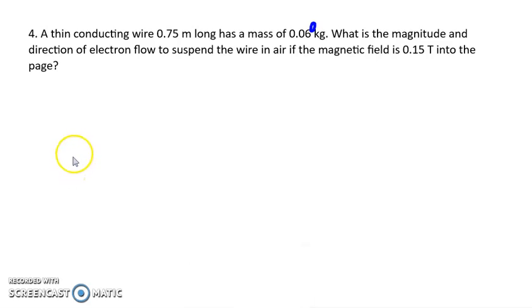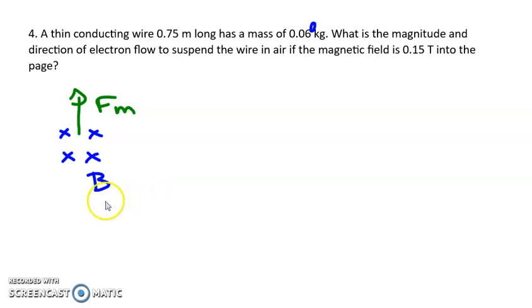So we've got a wire and a magnetic field running into the page. This is my magnetic field, right? Okay, we're wanting to experience a force acting on this, a magnetic force.